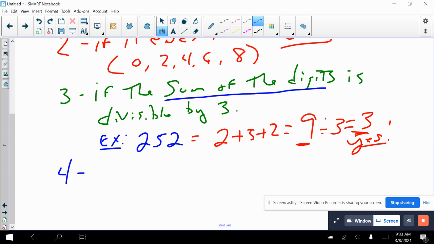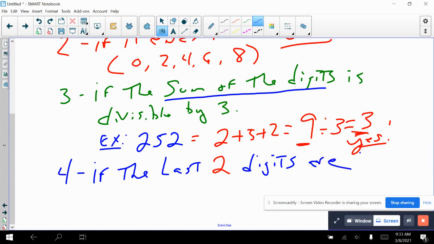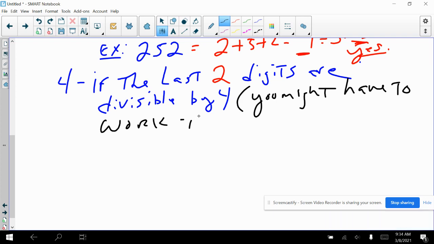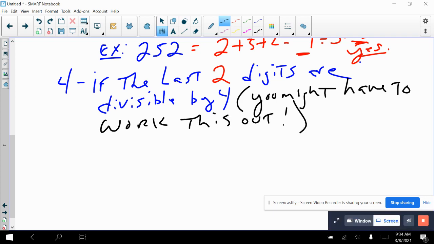All right, number 4. If the last 2 digits are divisible by 4.